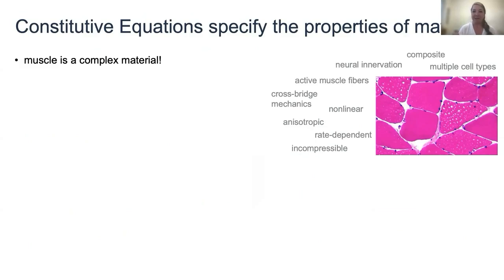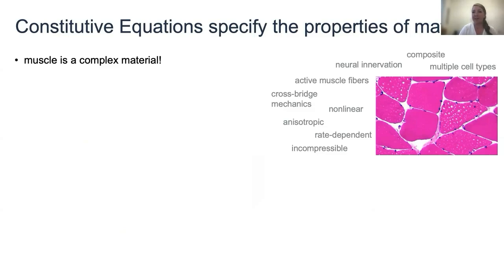We have nonlinear properties. Anisotropic, which means it has a preferred direction, right? We have fibers oriented in a specific direction. It has some rate-dependent behavior. We've talked about force velocity and some viscosity, rheological properties. So it's also incompressible.